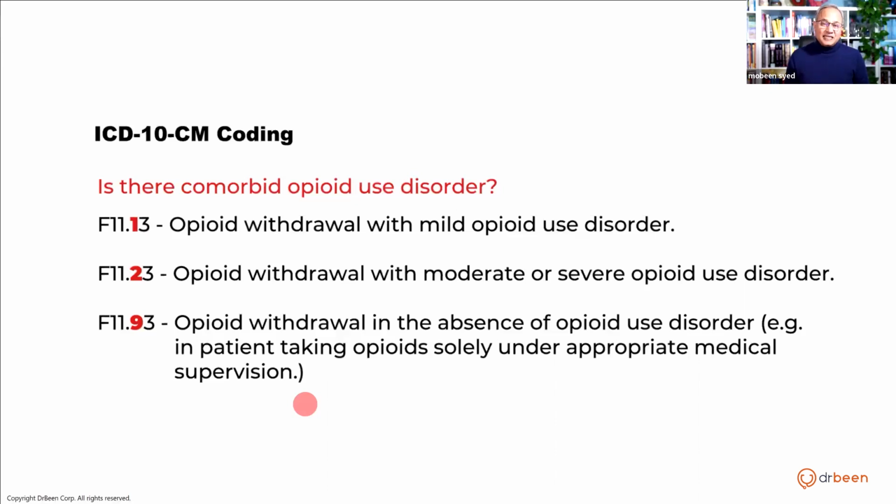But if they were taking those opioids solely for, for example, pain management, under prescription and supervision, then that will not be called opioid use disorder. Withdrawal may be present because as you stop the opioid, the person would experience withdrawal, but you will not say that they have opioid use disorder as well.